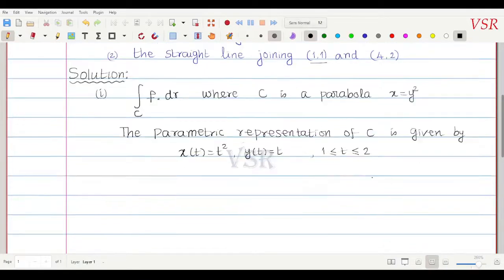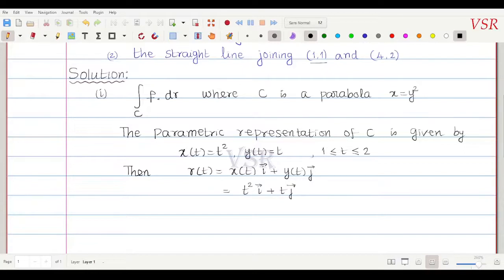Okay. Now r of t can be written as x of t i vector plus y of t j vector. So x of t is t square, and we will have t square i vector plus t times j vector.